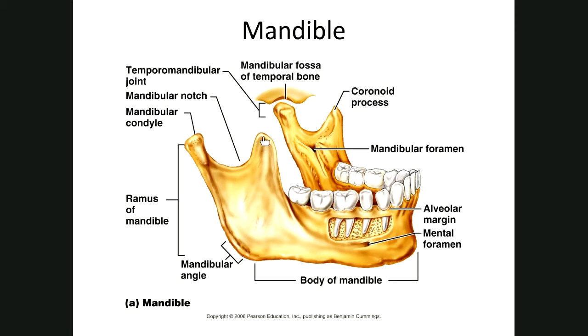And between the coronoid process and the mandibular condyle is the mandibular notch. In the front, here's the mental foramen. We saw that, the foramen on the front of the face. And then the teeth are set in bone called the alveolar margin. It's the alveolar bone, but that's the alveolar margin there.